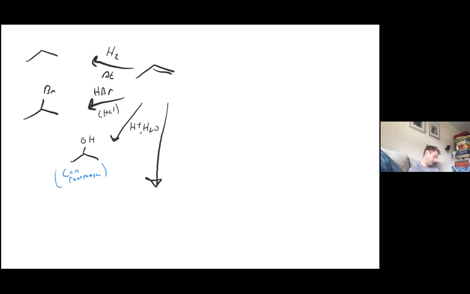If we want to avoid a rearrangement, we're going to add in mercury acetate and water followed by sodium borohydride. We've got our dye additions. I'm going to use a different molecule for that, so let's draw a line here.